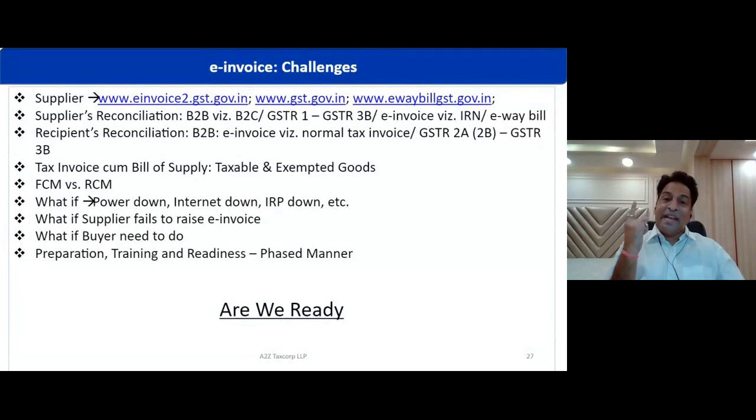One would be invoices for B2B supplies. The other is the normal B2C supply, which is not routed through IRP but has a QR code. Reconciliation: 3B transactions need to be captured accordingly. And then you need to check whether you have really got an IRN for all the e-invoices. Reconciliation needs to be done.